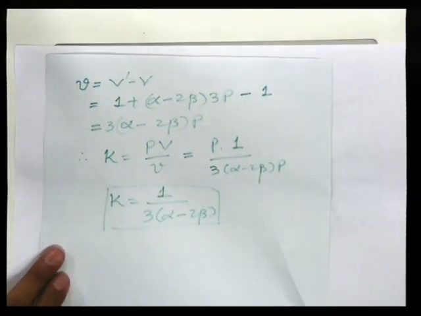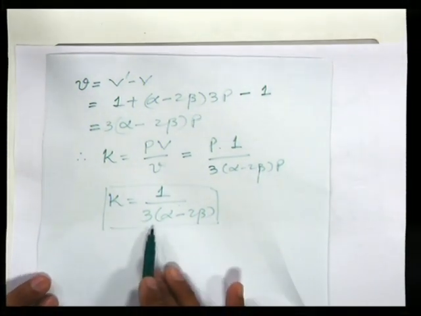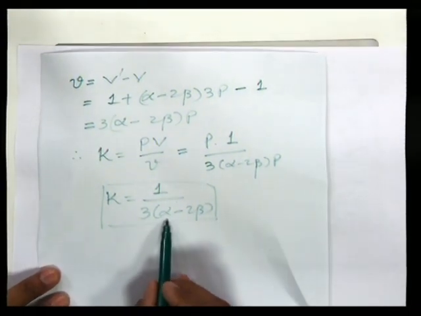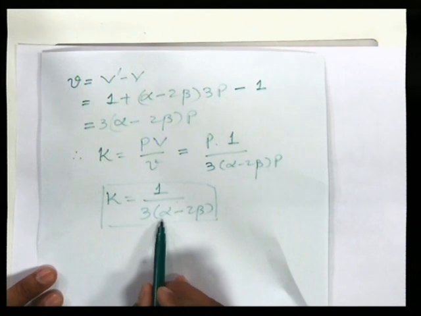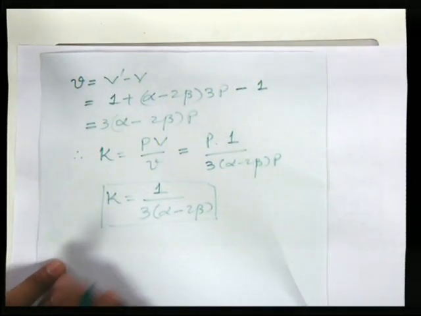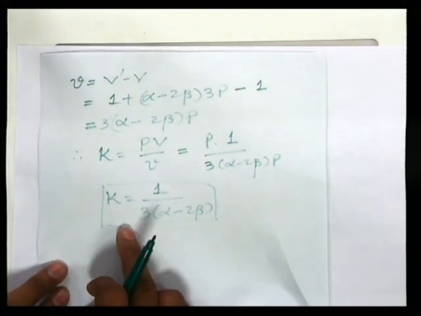So considering deformation of a cube, we can derive this relation K equal to 1 upon 3 alpha minus 2 beta. Alpha again is the increase per length per tension, beta is the decrease per length per tension. So this is the first relation we can derive for deformation of a cube.